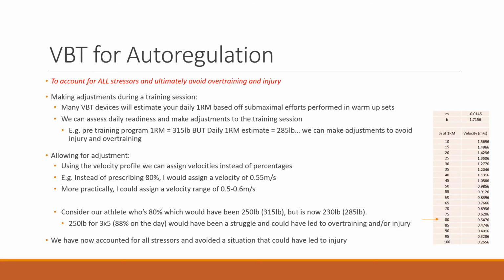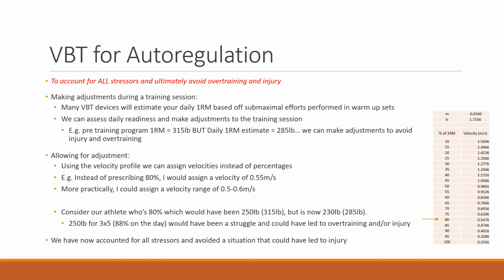So going back to our subpoints under using VBT for autoregulation, the first of which was to account for all stresses and ultimately avoid overtraining and injury. There are 2 big ways in which we can use VBT as a tool for autoregulation. Firstly, by making adjustments during a training session, and secondly, by allowing for adjustments to be made automatically by the athlete.